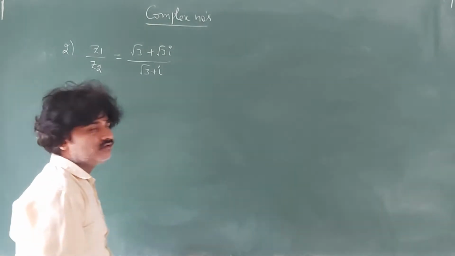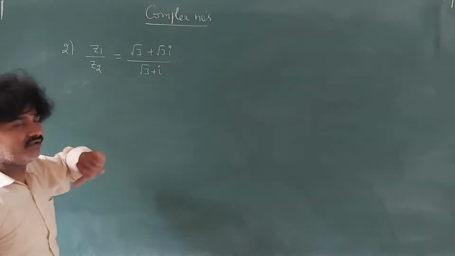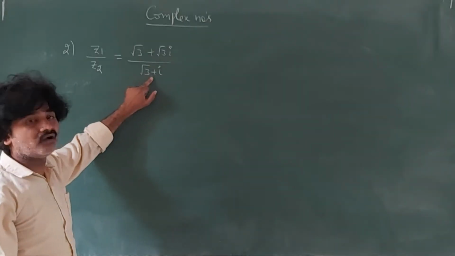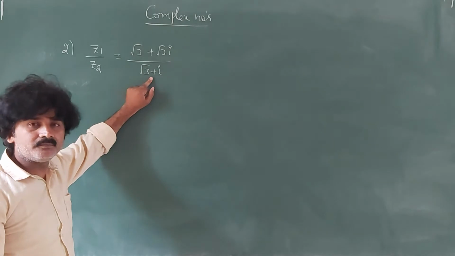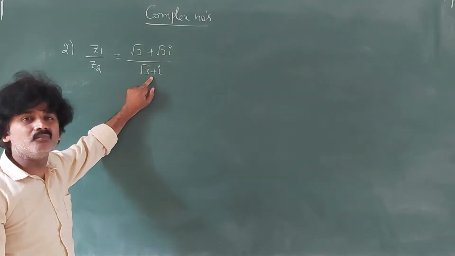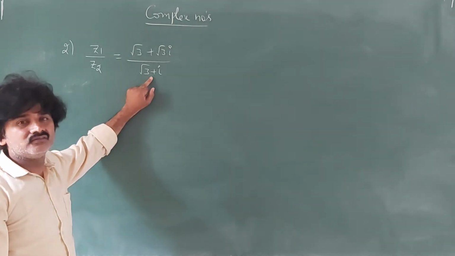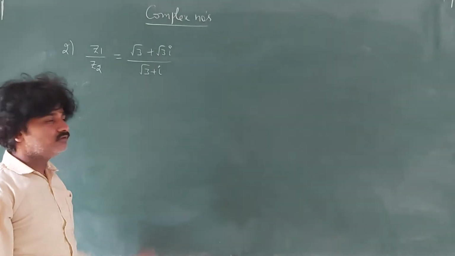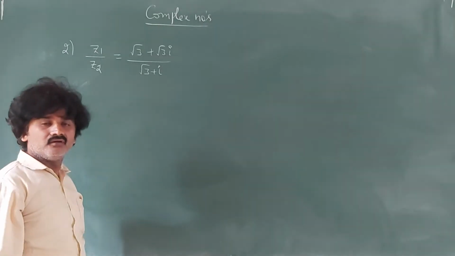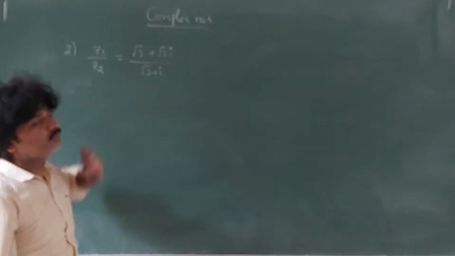See, whenever you have a complex number in the denominator, the first thing is you have to make it real. So the denominator should never be imaginary. By seeing it like this, you cannot tell what its real part is.